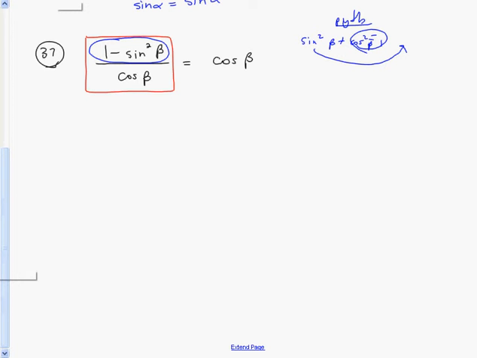So I already know that this is cosine squared of beta on top because that's the Pythagorean identity. And then a cosine squared divided by a cosine to the first just leaves you a cosine to the first of beta on the left-hand side and the right-hand side. So two cosines being equal to each other, that identity is also proven. The first two were not too terrible, and hopefully that helps you a little bit. Let's look at another one.